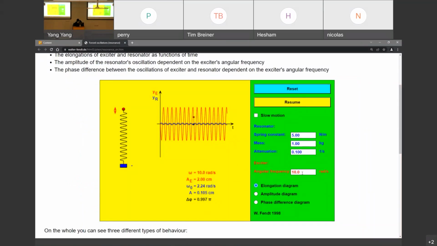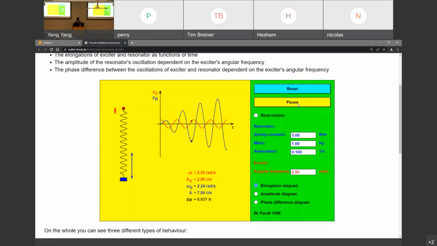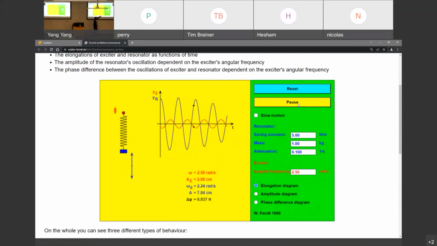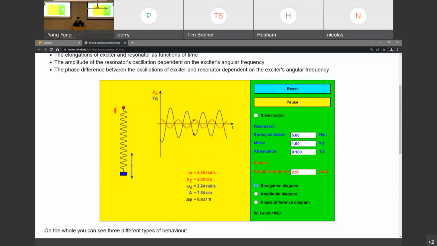For example, in this case, if the damping ratio is small and the frequency of the excitation is close to the natural frequency, eventually we will have the steady state response here.